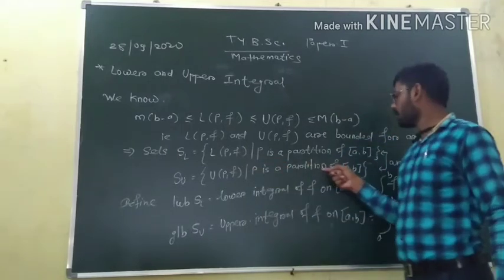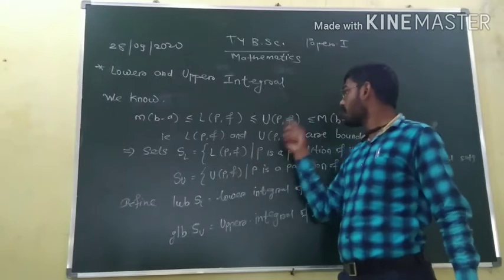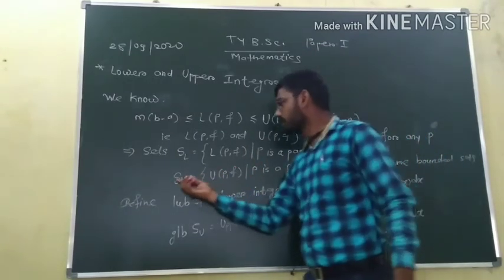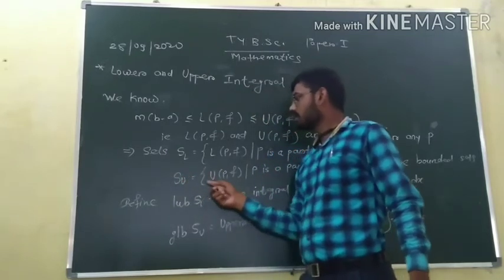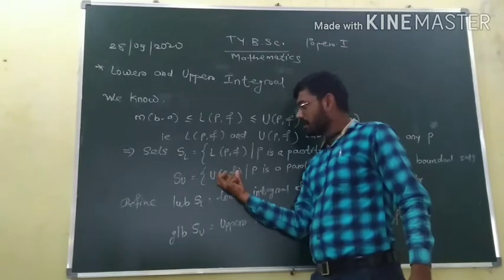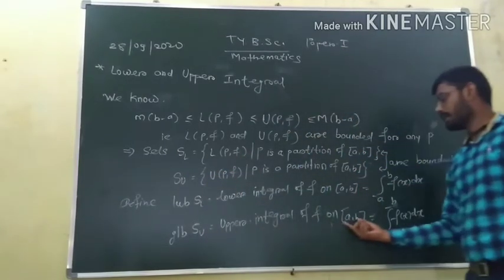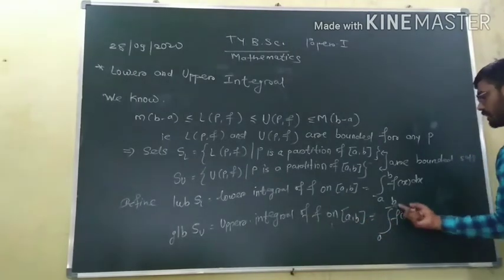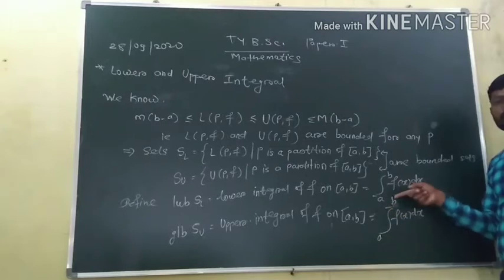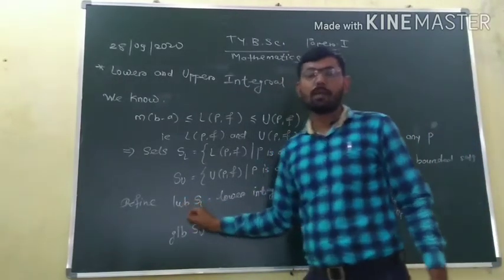If we take a different partition, we will get a different upper sum, and since each upper sum is bounded, this set is bounded, and the greatest lower bound of this set, SU meaning the set of all upper sums, is nothing but the upper integral of f on [a, b], and denoted by the integral of f of x dx from a to b with a dash at the upper end. So this is the lower integral and upper integral.